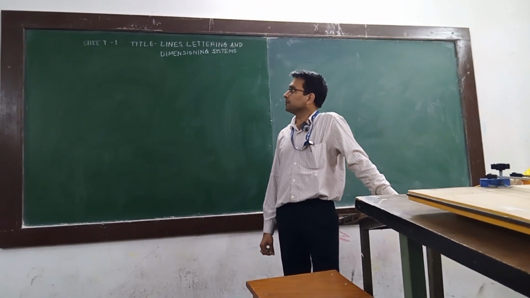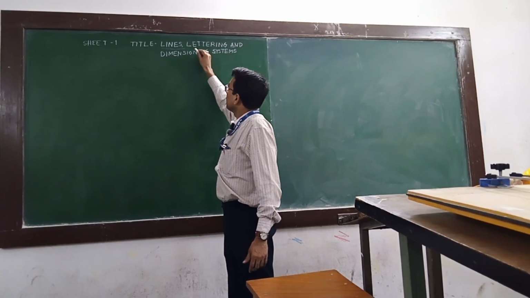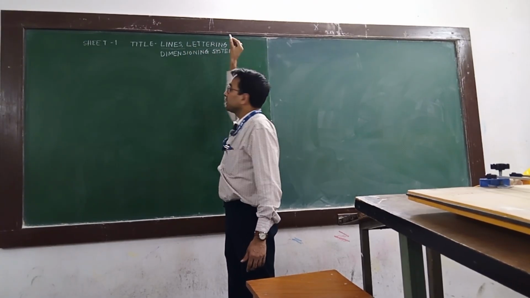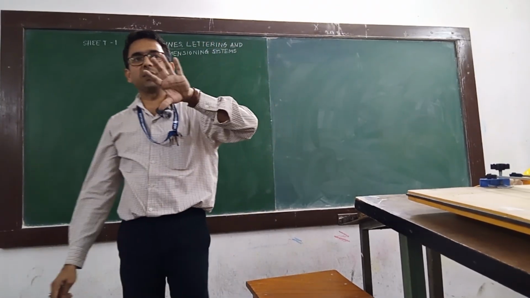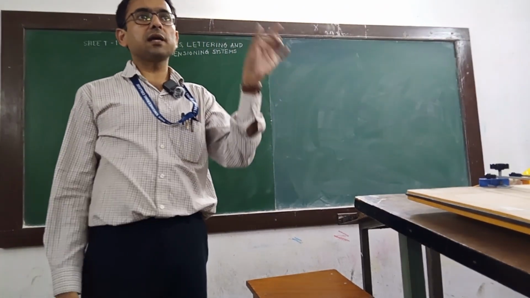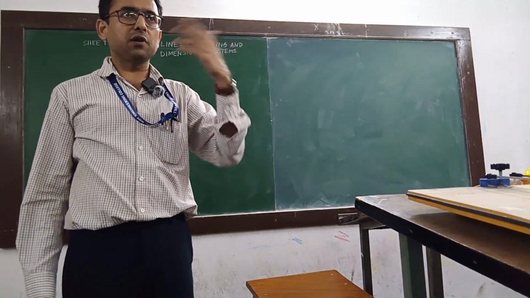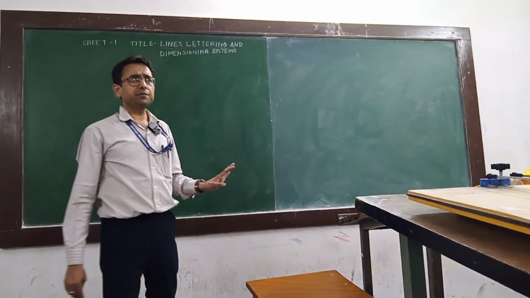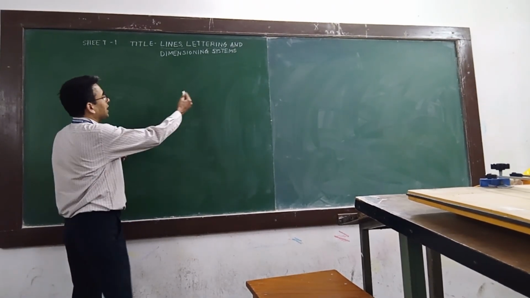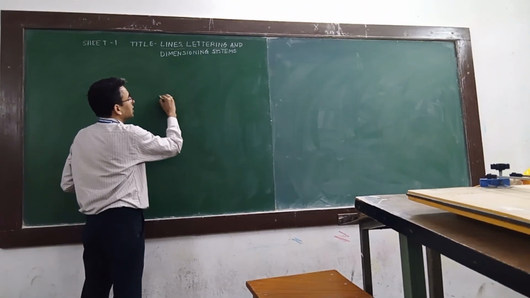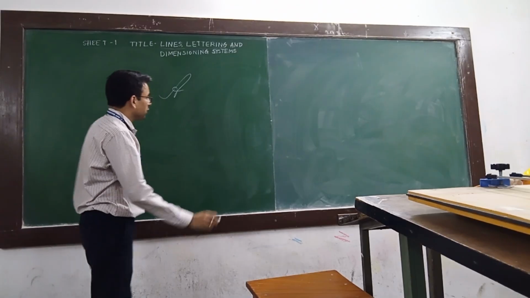We will discuss lines a little bit later. First, I will discuss lettering. Lettering means English alphabets and numerals, and how to write them in a particular font. It is not allowed to just write something casually.